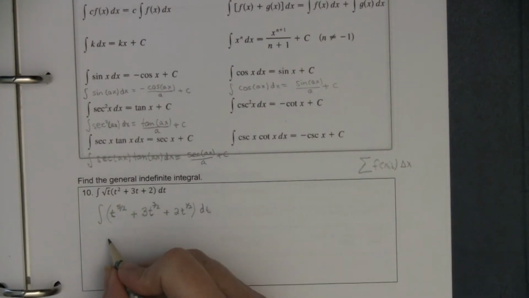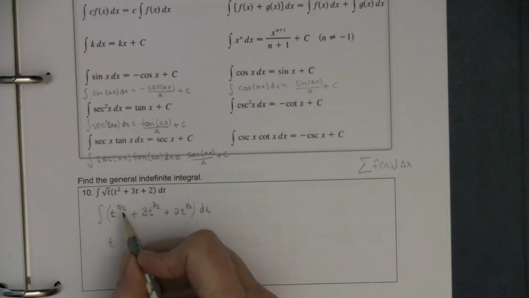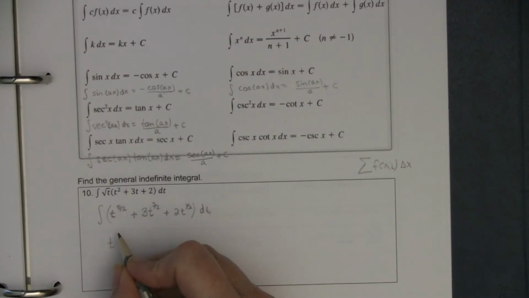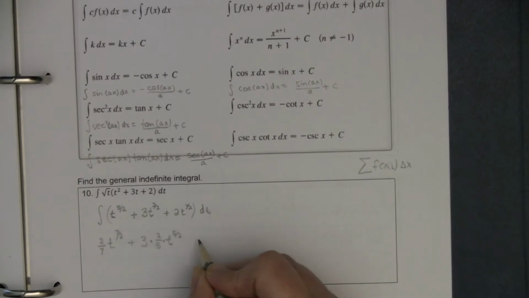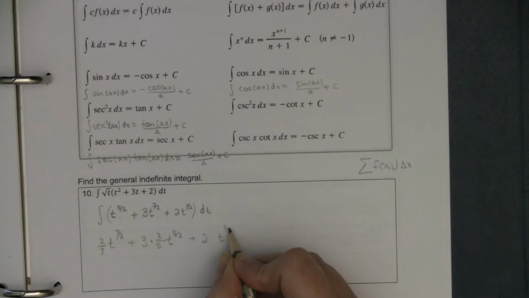So remember, I can use the power rule. You add 1, so when I add 1 to 5 halves, I get 7 halves, and you divide by the same thing. Dividing by 7 halves is the same as multiplying by 2/7. Plus the 3 just holds still, add 1 to 3 halves to get 5 halves, and multiply by the reciprocal, 2/5. Plus the 2 just holds still, add 1 to get 3 halves, and multiply by 2/3.